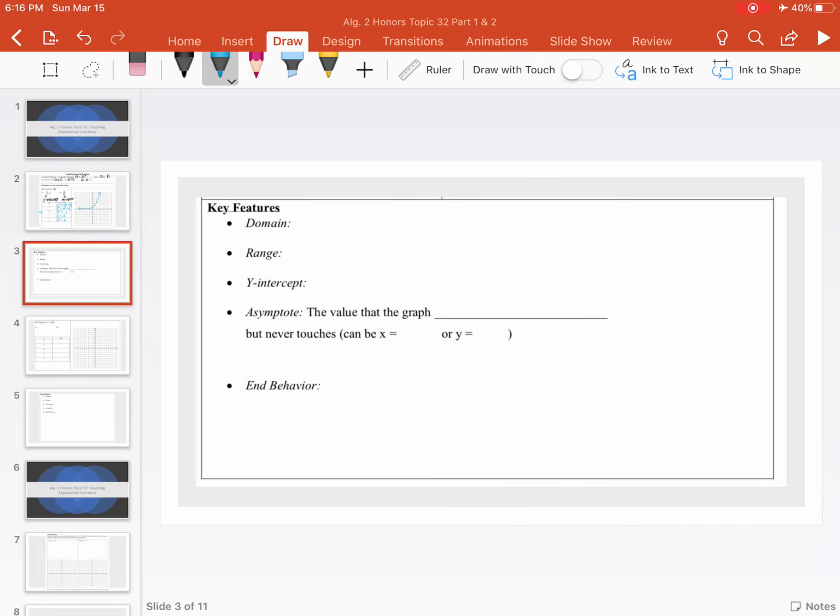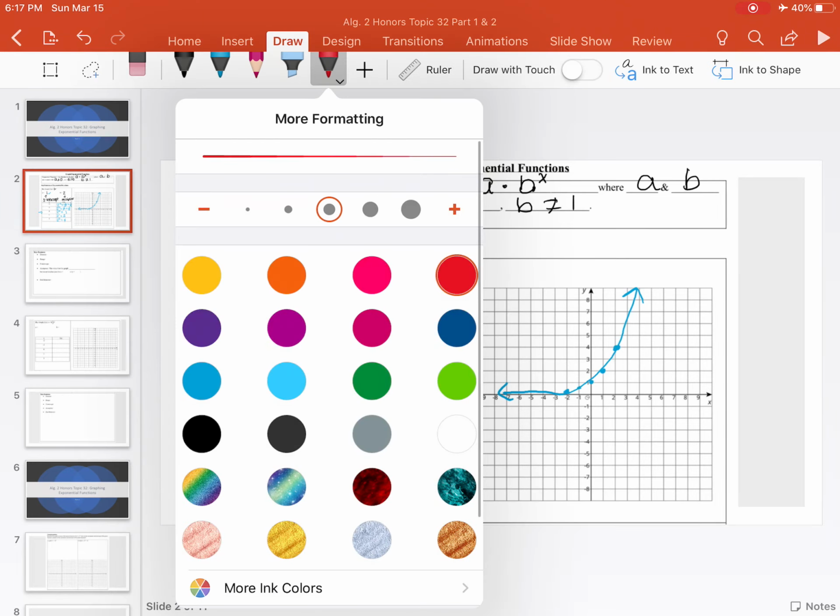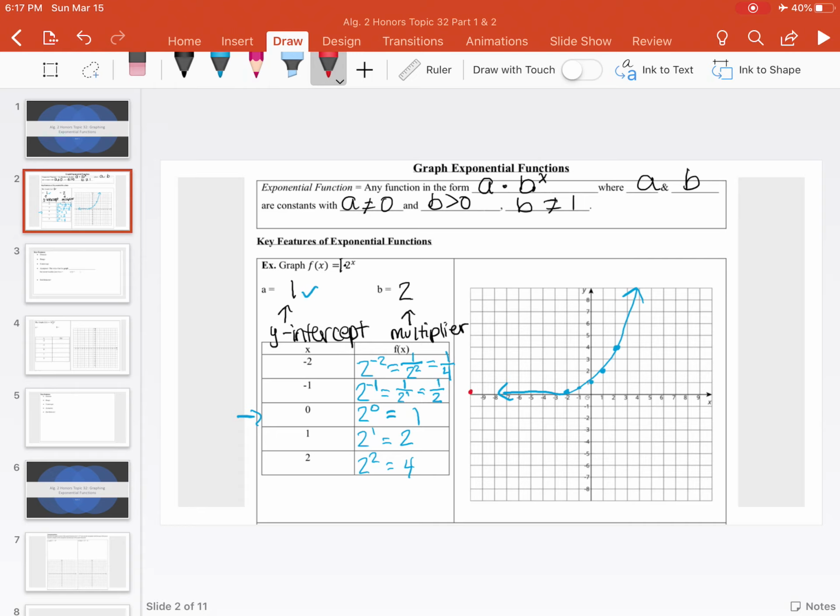Now, if we look at the key features of this, there are 5 key features. Some of them we've addressed beforehand. So something like our domain, which is all of our x values. So if we look back to our function beforehand, our x values, that's everything on our x-axis.